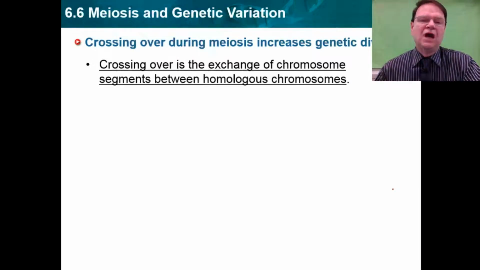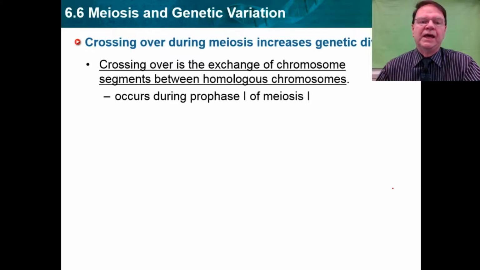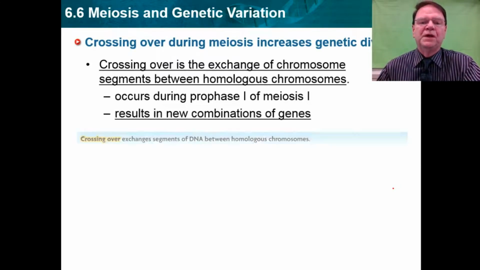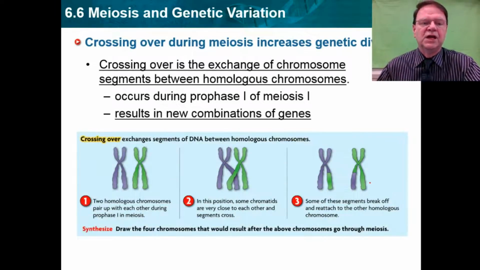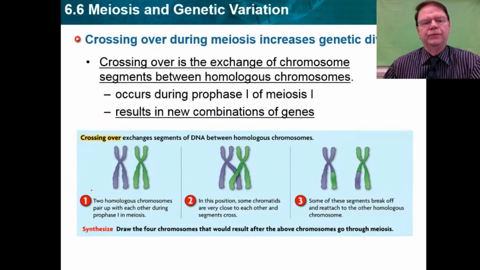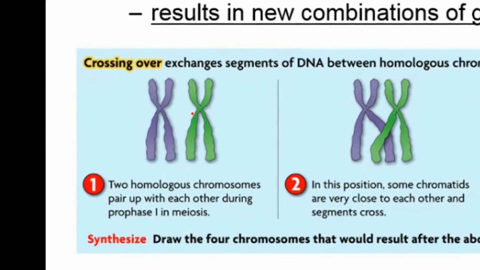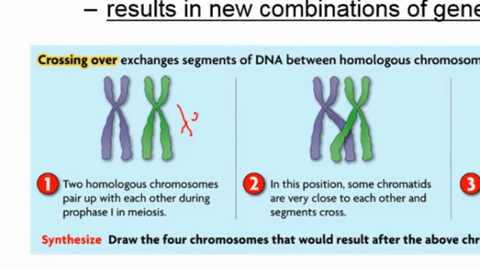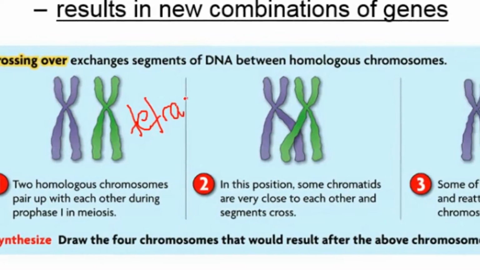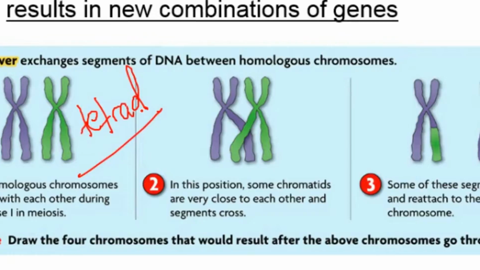And what we've discovered as we've studied these is that there's an exchange of information that kind of looks like this. You have two chromosomes that are homologous, and they pair up with each other during Prophase I. We refer to these as a tetrad. Let's write that down. Tetrad. Okay?